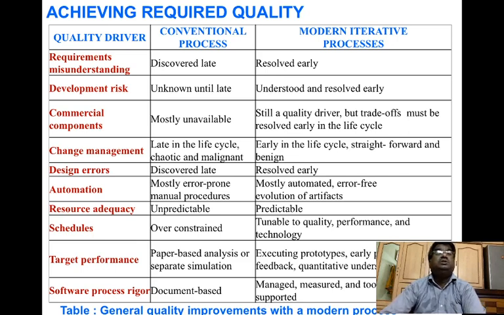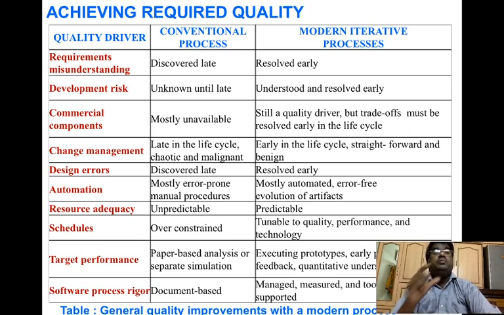Commercial components are mostly unavailable in the conventional method, because in those days every function, every program they had to develop and write themselves. That's why it is called 100% customized. All projects were built by themselves.